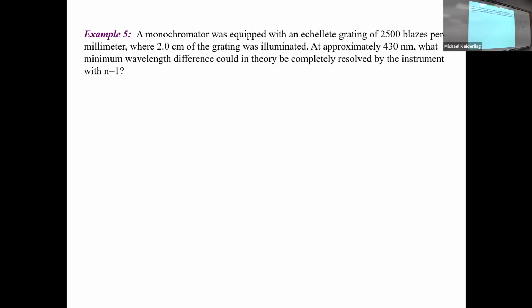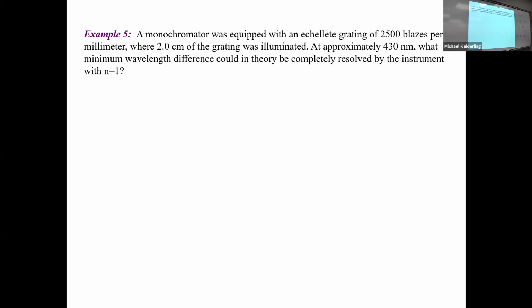So if you have a monochromator with an echelon grating of 2,500 blazes per millimeter, let's see, delta wavelength is wavelength over resolution. Resolution is little n times number of grooves illuminated.